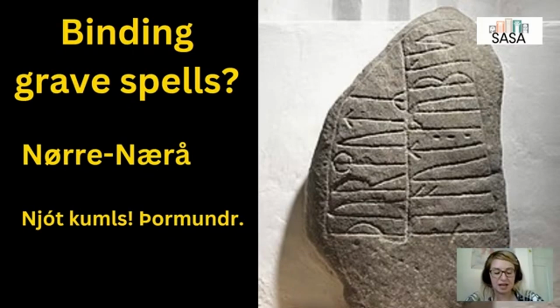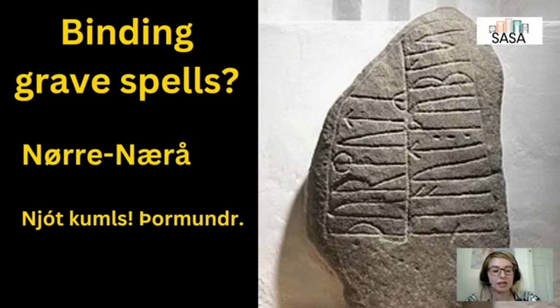So this would be comparable to other amulets with healing spells, for example, found in Sigtuna in Sweden, where you can find the message, make good use of this healing charm. So it's almost like a warning. It is a recommendation, but it can also be interpreted like a warning. And in our case, like Thormund, don't dare come back from the grave. Stay there. So one potential interpretation of such messages would be that of a binding grave spell.